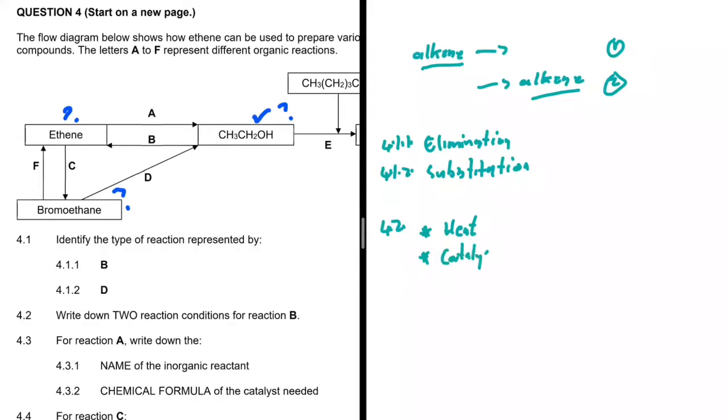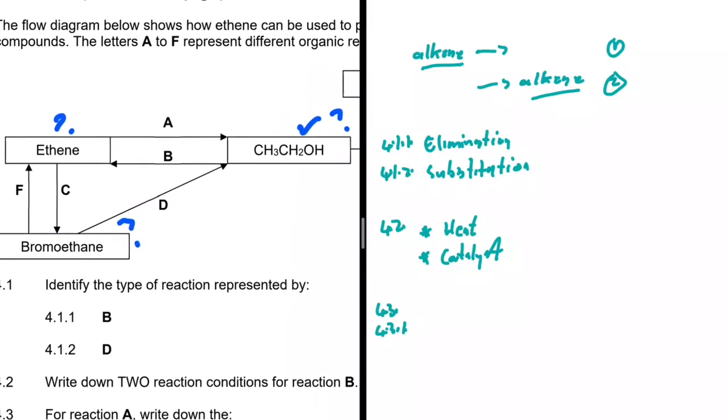So we also need a catalyst as a reaction condition for this elimination reaction that we have. That's 4.2. Let's take a look at 4.3 and 4.3.1. For reaction A, write down the name of the inorganic reactant. So reaction A, we are turning an alkene into an alcohol.